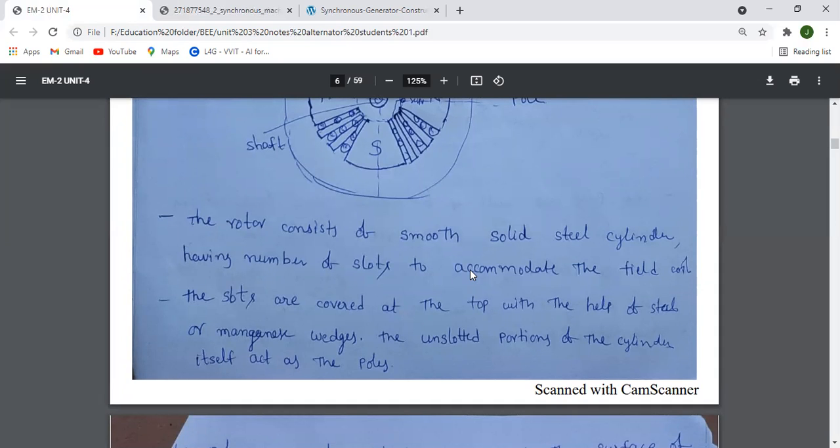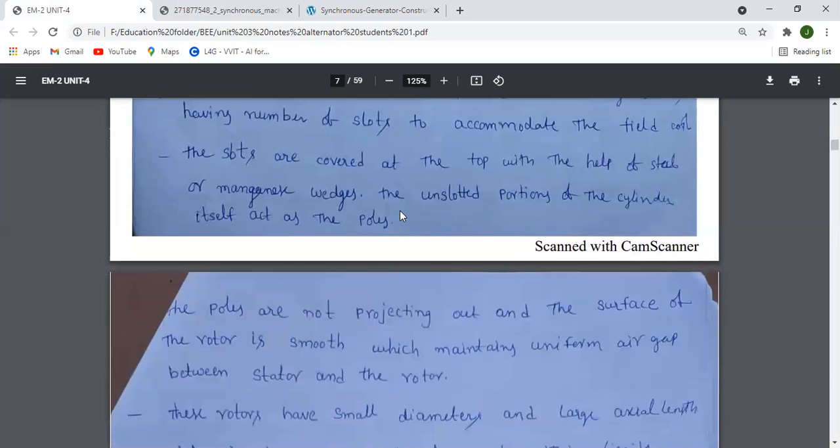The rotor consists of a smooth solid steel cylinder having a number of slots to accommodate the field winding. The slots are covered at the top with the help of steel or magnetic wedges. The unslotted portions of the cylinder itself act as the poles.